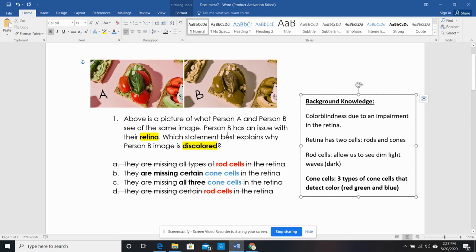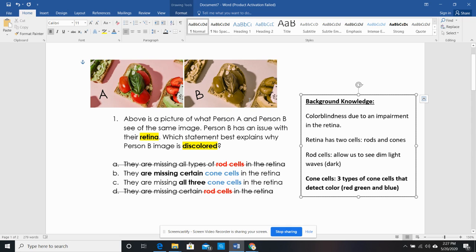Well, they don't see the red tomatoes, but they can still pick up a little bit of the table that is a pinkish color. What about green? They are definitely seeing some green shades within there. What about blue? The green's not as vibrant as person A, so they probably are missing some of the blue cone cells.